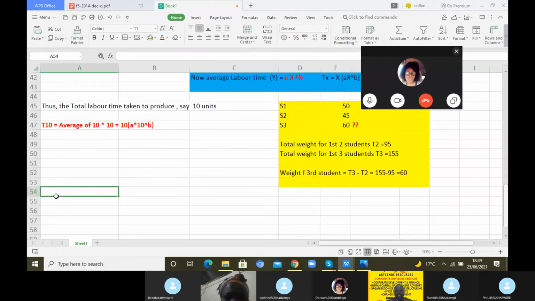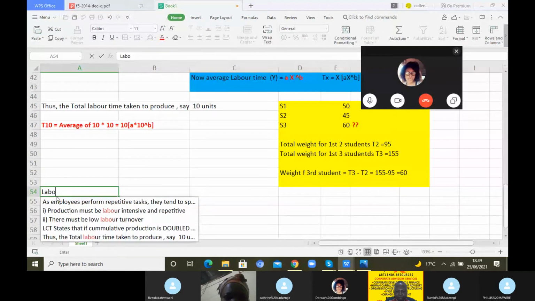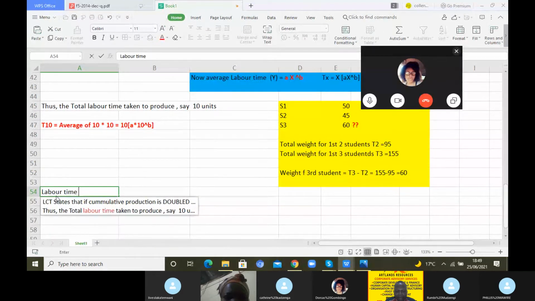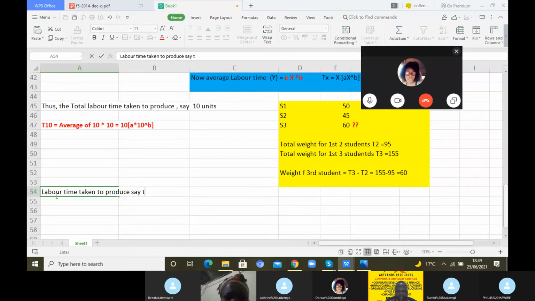So if we then say labor time taken to produce, say, the 15th unit.